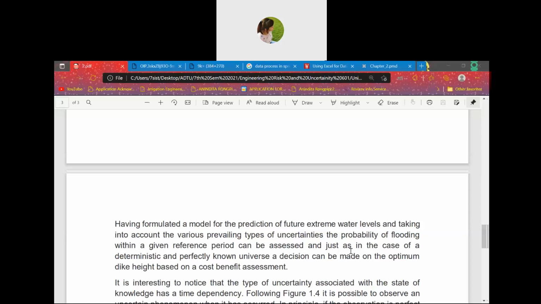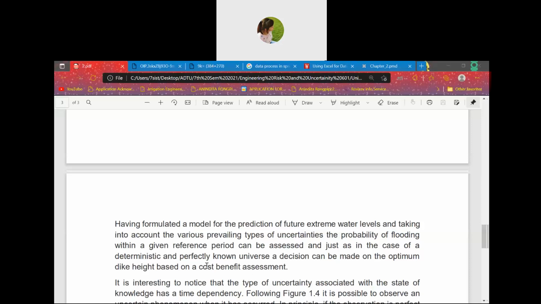And just as in the case of a deterministic and perfectly known universe, a decision can be made on the optimum dike height based on a cost benefit assessment. So the decision we have to take on the minimum height for a flood dike will be based on a cost benefit assessment.